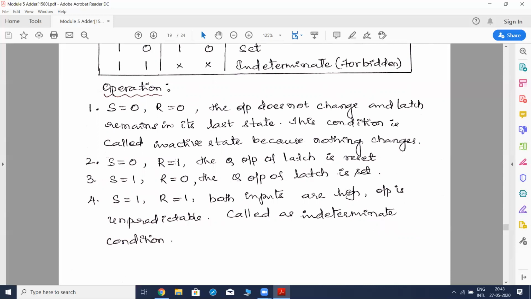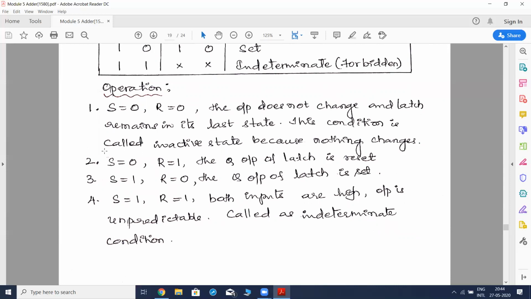That means the previous state will continue in the present state also. This condition is called the inactive state, because nothing is going to change over there.